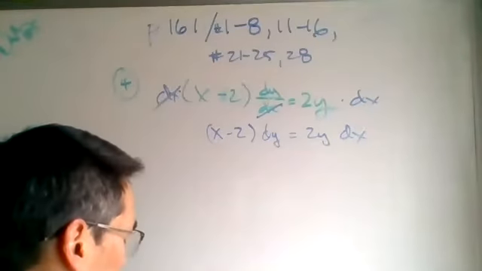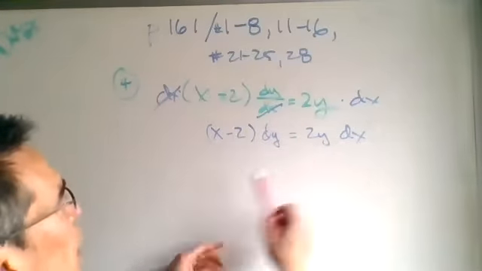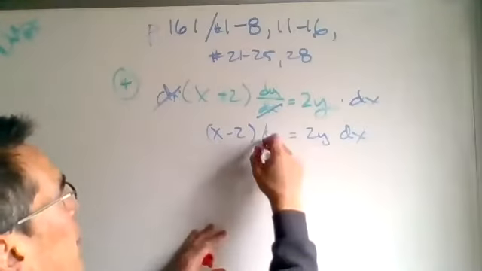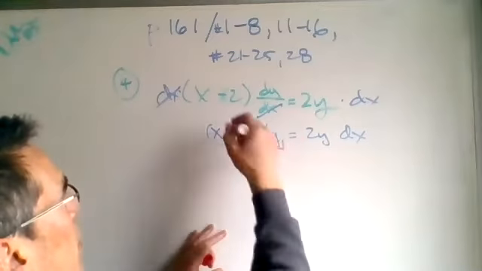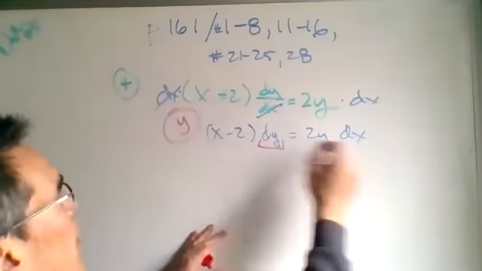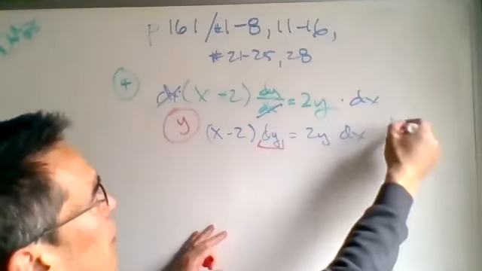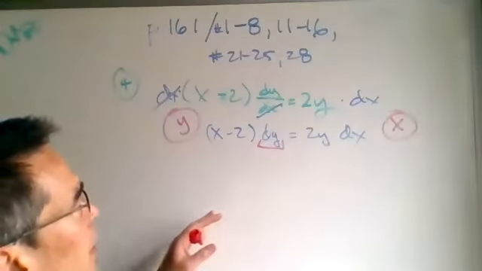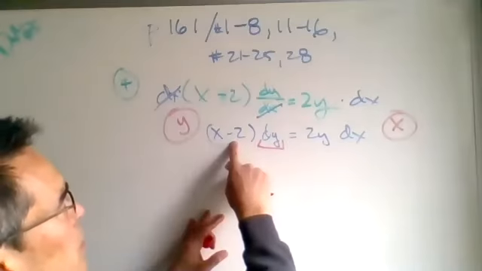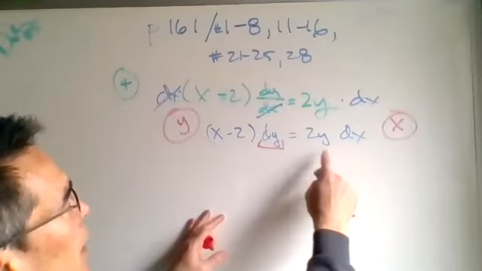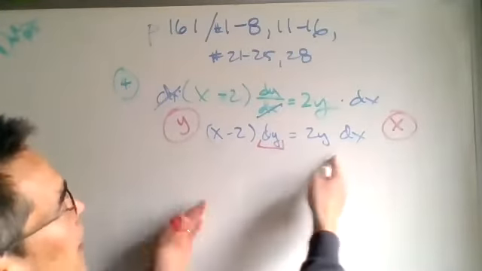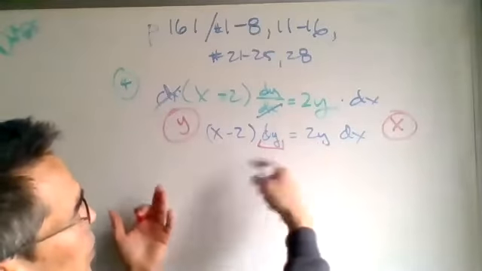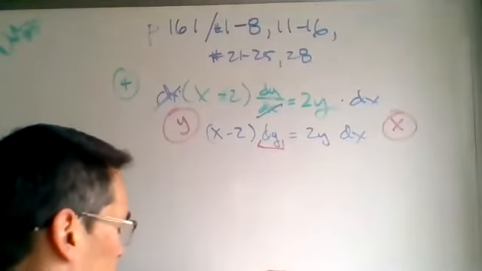Again, these differentials, dy and dx, are bullies. This is saying y is over here, y is over here. This is saying x is over here, x is over here. So I have to move this over here, and move the 2y over there. I can just leave the 2 there, or I can bring it over here.